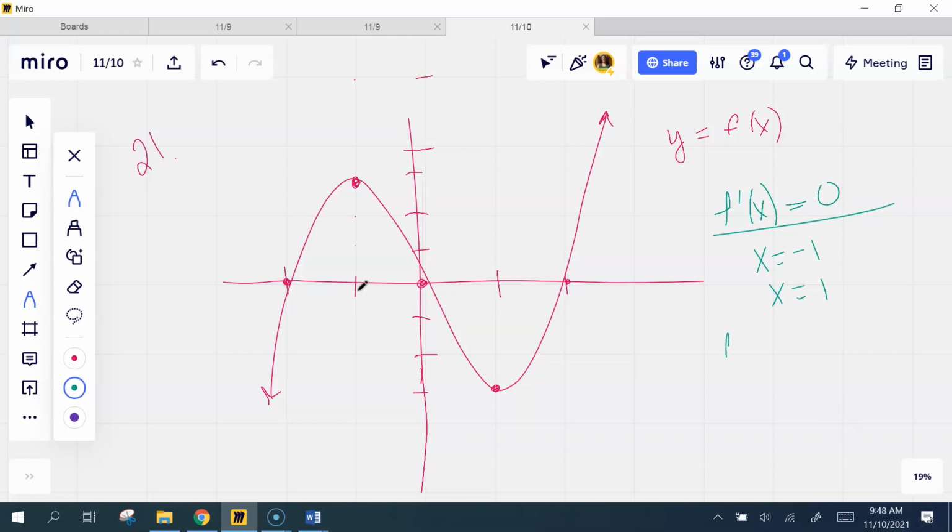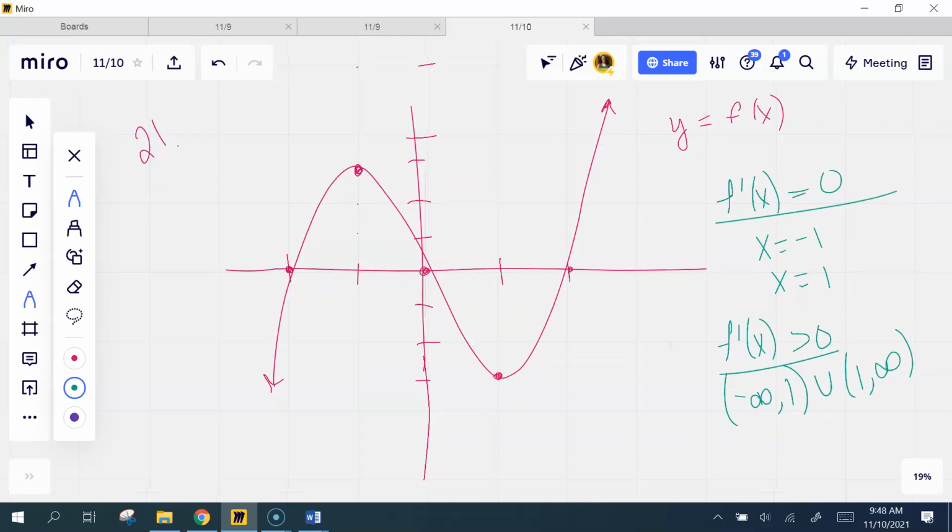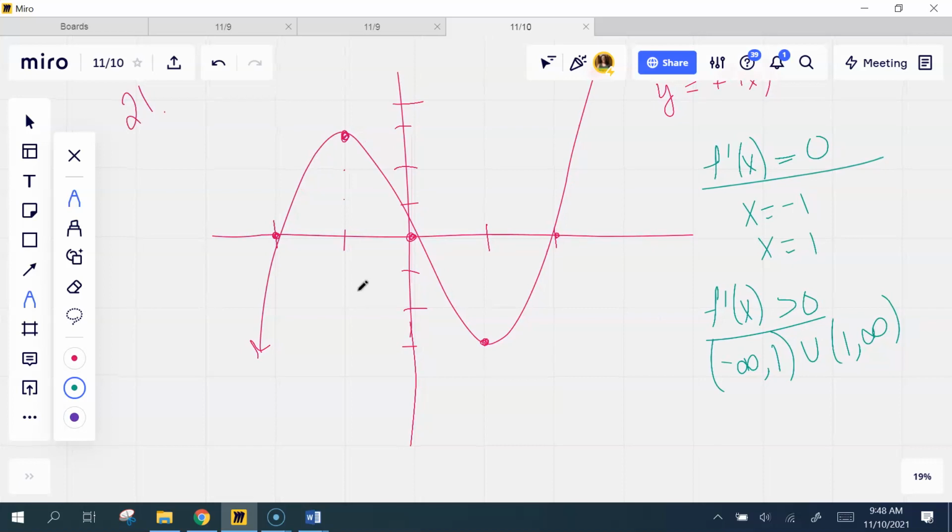Where is the derivative positive? Estimate those intervals. Why? Because I'm looking at the slope. It looks like, okay, and from 1 to. Where is the derivative negative? Negative 1 to 1. Is anybody confused?